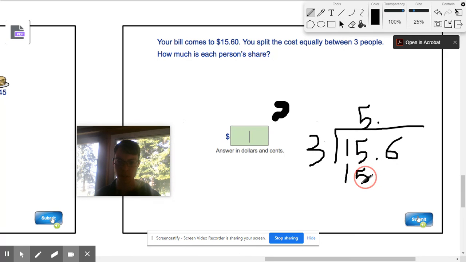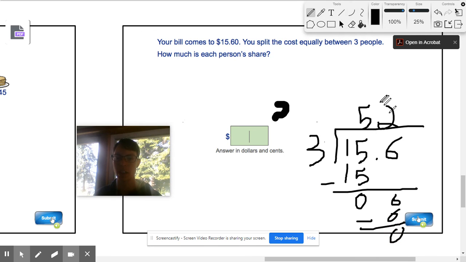So I have no remainder there. Drop that 6 down. 3 goes into 6 twice. All right, and then these would be just 6. Do the math. Oh, it's hard to write with this pencil. Perfect. Okay. So you know the total cost of each person would be $5.20. That is one way to do that.